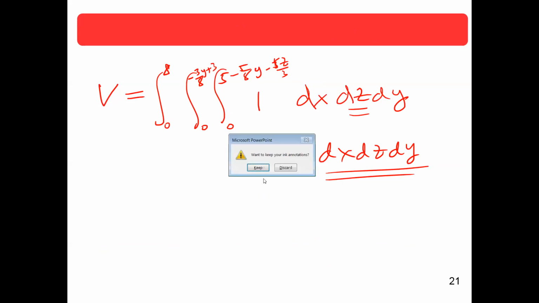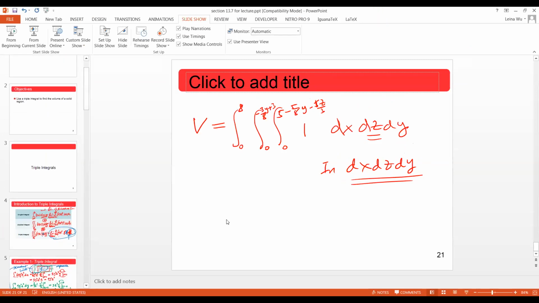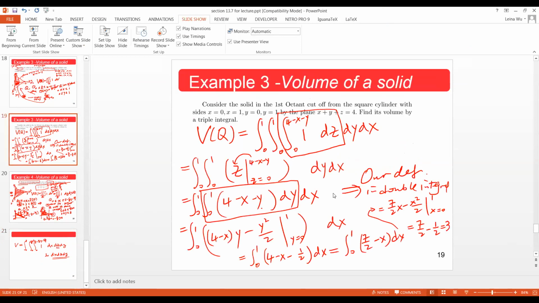So that sort of finishes our triple integration section. Any questions? Dr. Wu, so we can calculate volume of a solid using triple or double integral, just depending on what we were given? Yes, you can do it in both ways, whichever is easier for you. Triple integral actually can go down to double integral, right?